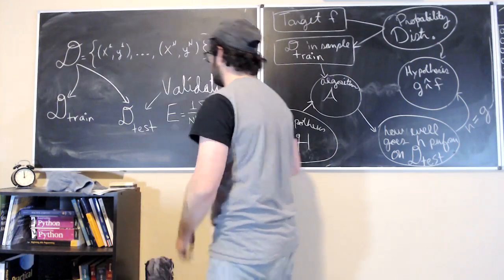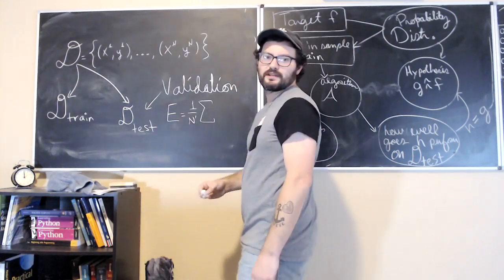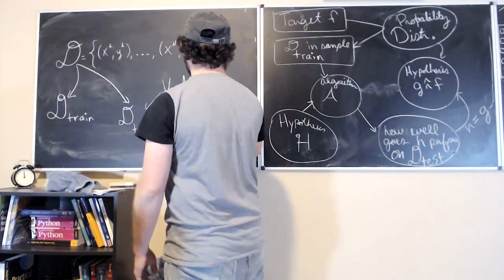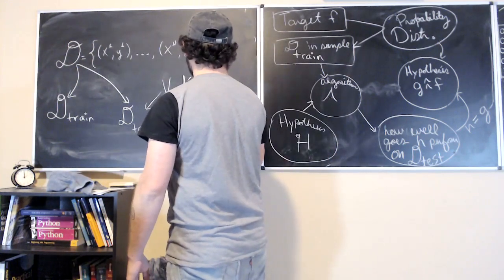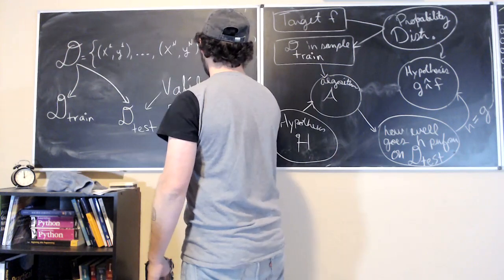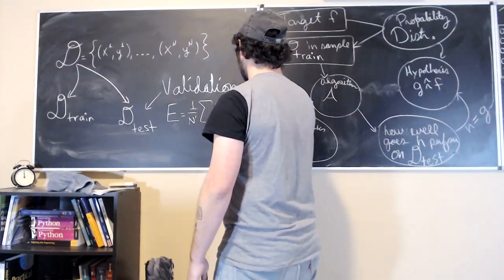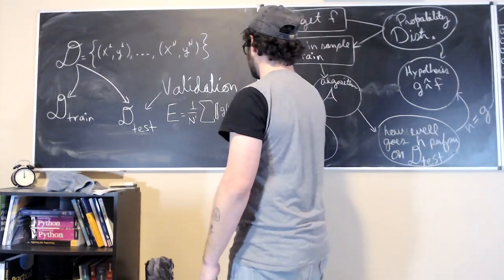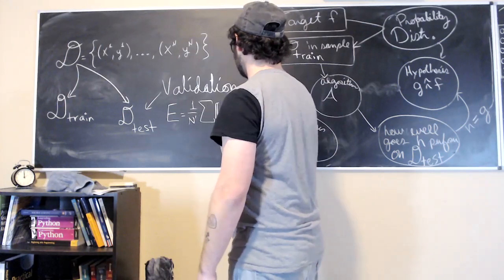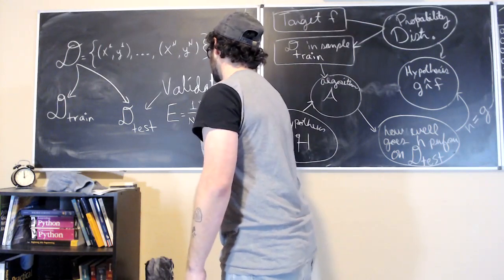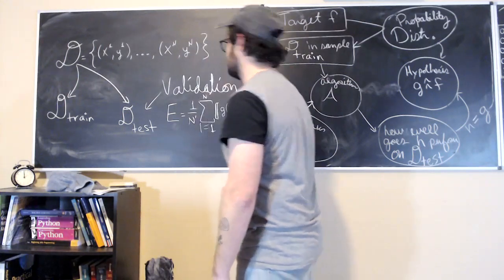N prime is the number of elements in the test set. The sum goes from 1 to n prime.